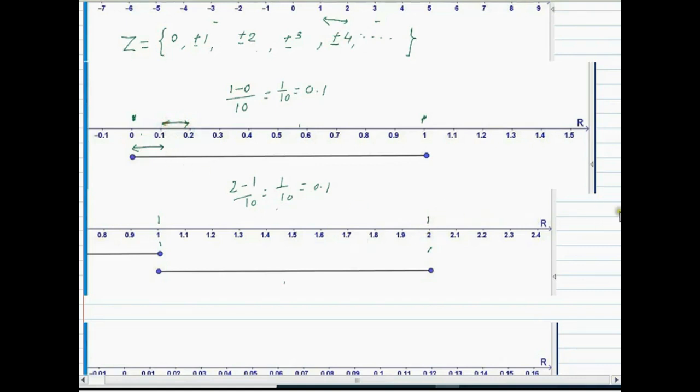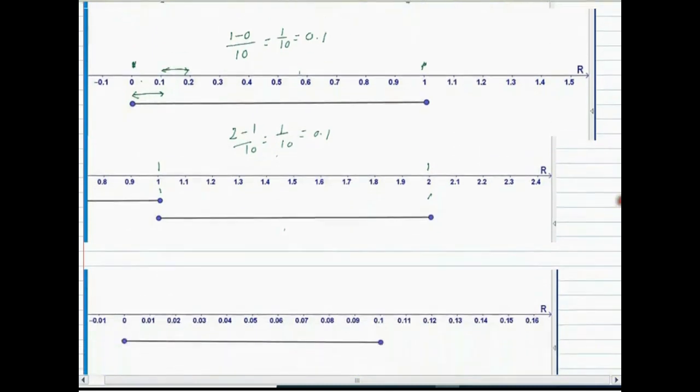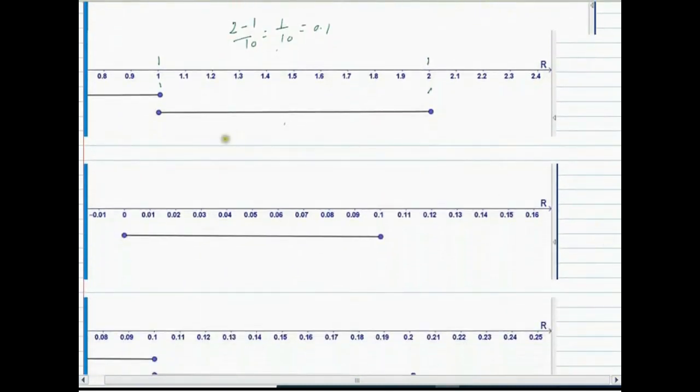So next we will see this figure. Look at this. So this is 0, this is 0.1, and it is divided into 10 equal parts.